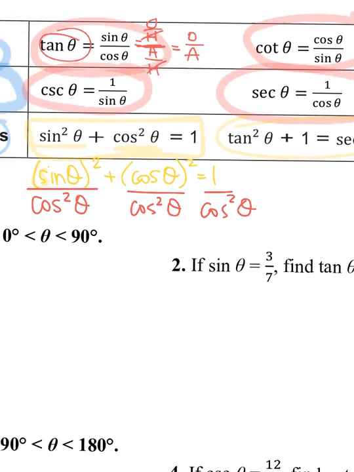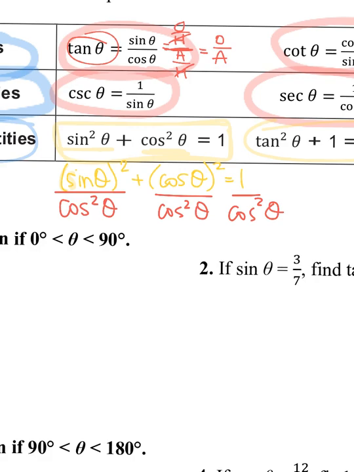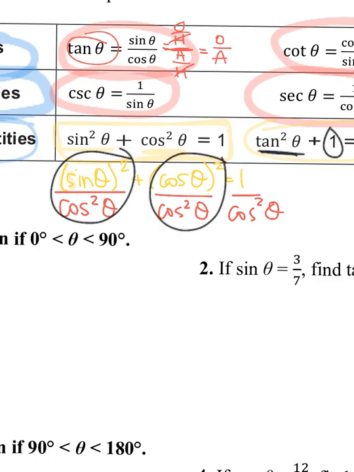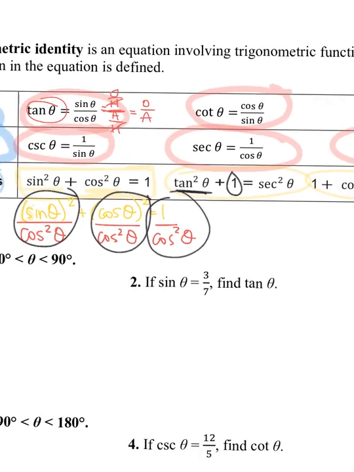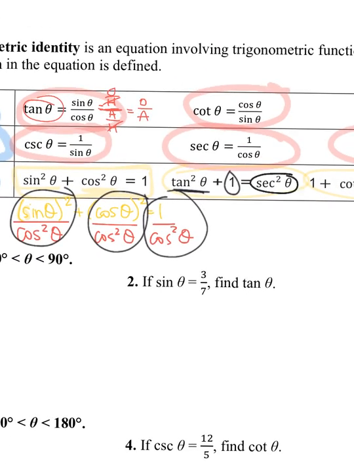And if you see this right here is going to give me tangent squared. This is going to give me 1. And the last one is going to give me secant square. All right, so you can see how that quickly derives to our second Pythagorean identity.